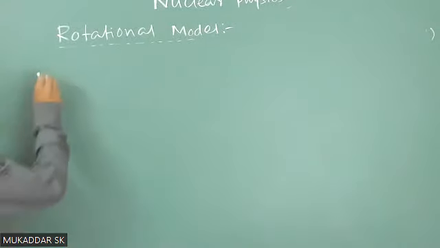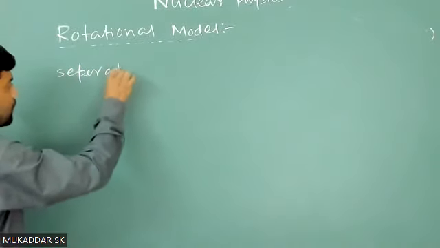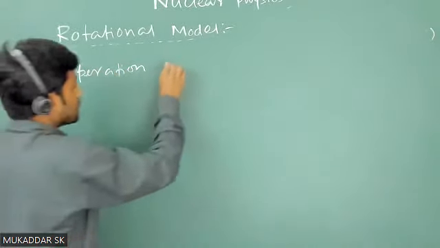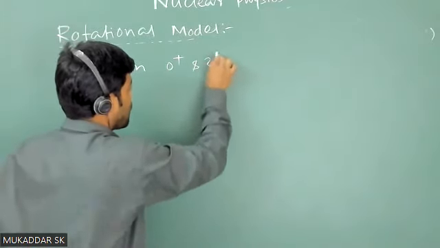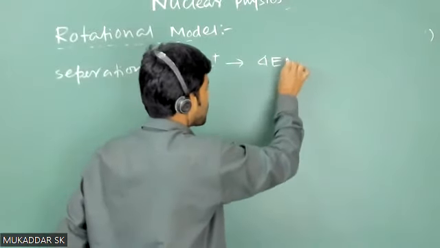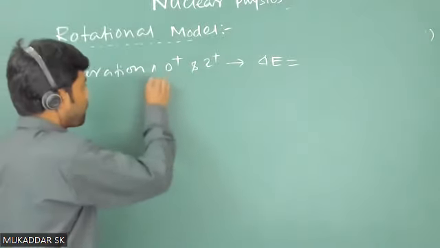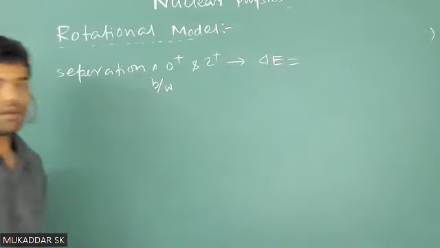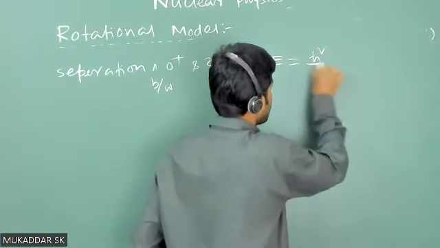Now if I ask you what is the separation between 0 plus and the next possible state, that is 2 plus, how much will Delta E be here? That will be h cross square by I, right?